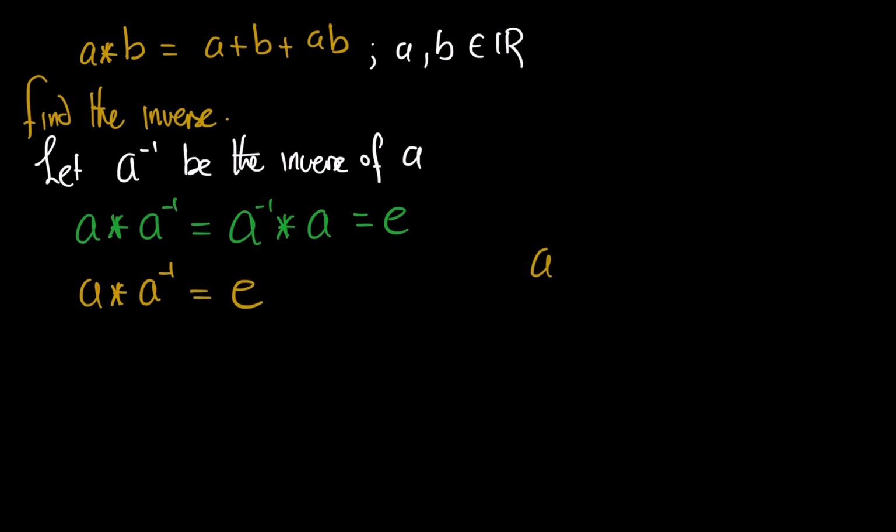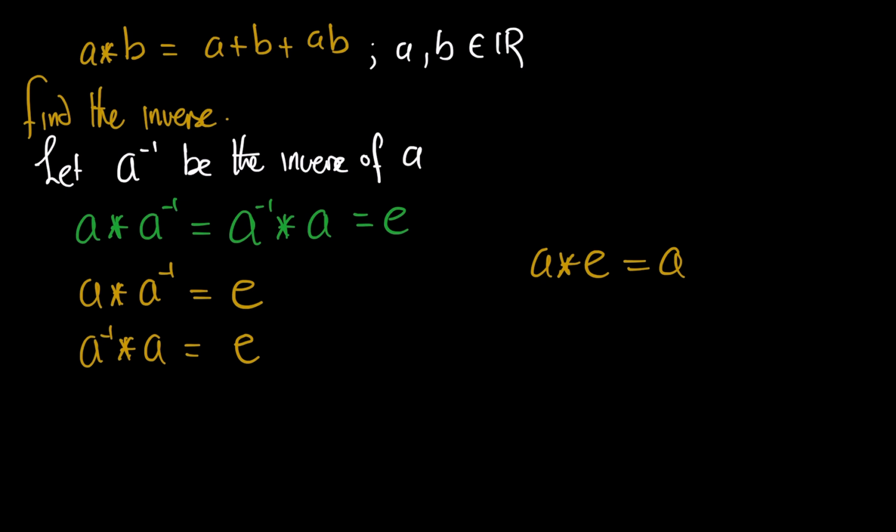You remember A star the identity element gives us A, not the identity element. This time, if you take A with the inverse of A, it gives you the identity element. In the same way, when we turn it around, the inverse of A star A should also give you the identity element.